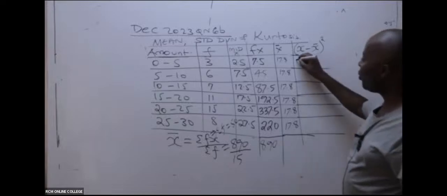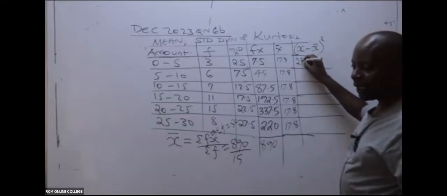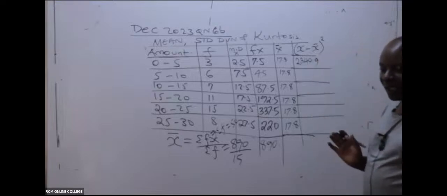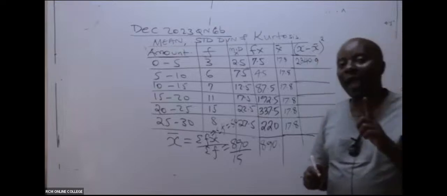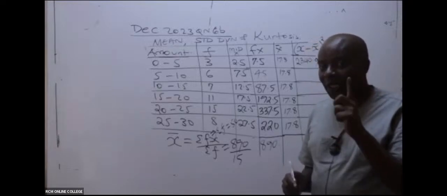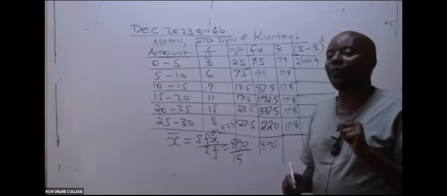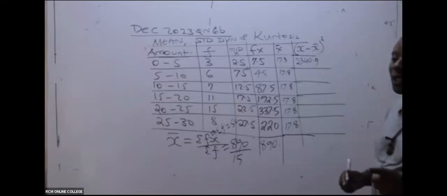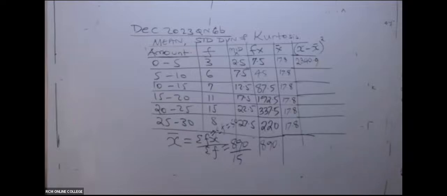So we are getting here 2.9. Positive, because anything squared will always be positive. Even if you're using a bad calculator and you're getting a negative, ignore that negative. Anything squared is always positive. So 2340.9. Thank you so much.